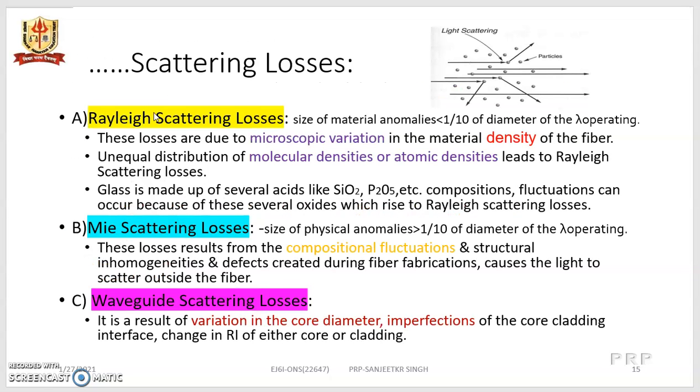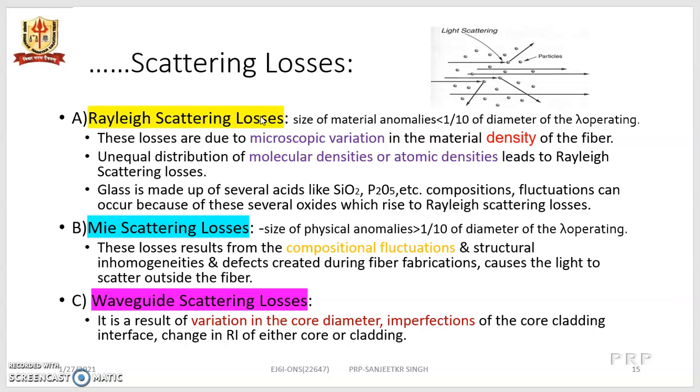So let's see what is Rayleigh scattering first, of the linear type. Rayleigh scattering takes place when the size of material impurities or anomalies is less than 1/10 of the diameter of the operating wavelength. These losses are due to microscopic variation in the material density of the fiber, and unequal distribution of the molecular or atomic densities leads to Rayleigh scattering.